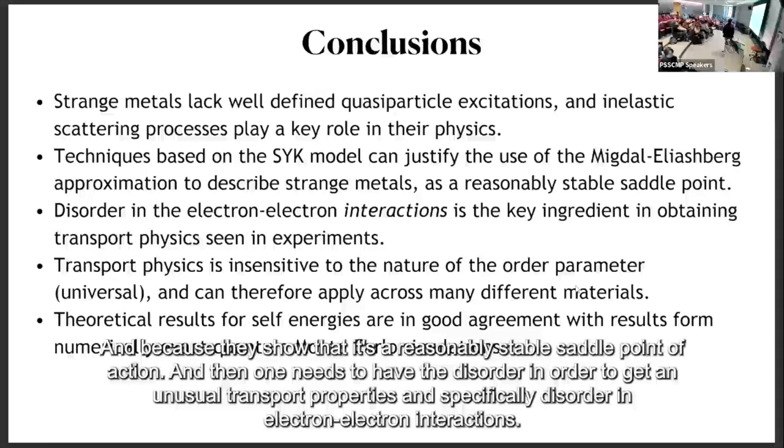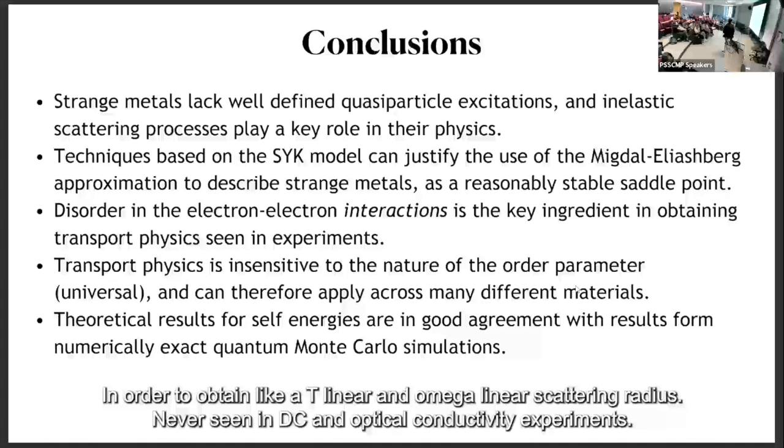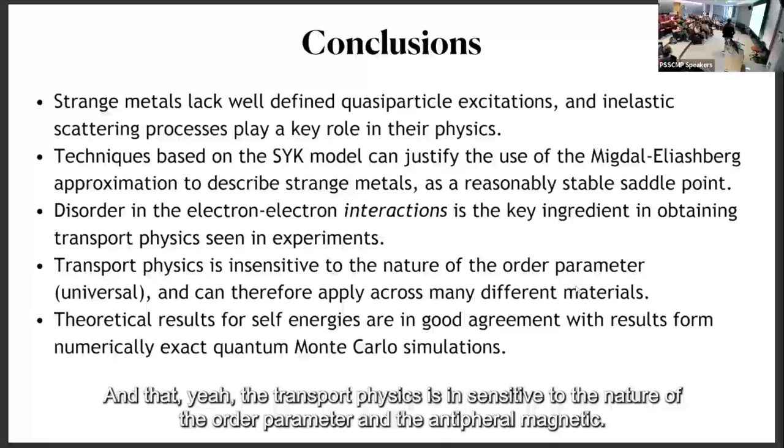And then one needs to have disorder in order to get unusual transport properties, and specifically disorder in electron-electron interactions in order to obtain the T-linear and omega-linear scattering rates that are seen in DC and optical conductivity experiments. And the transport physics is insensitive to the nature of the order parameter.